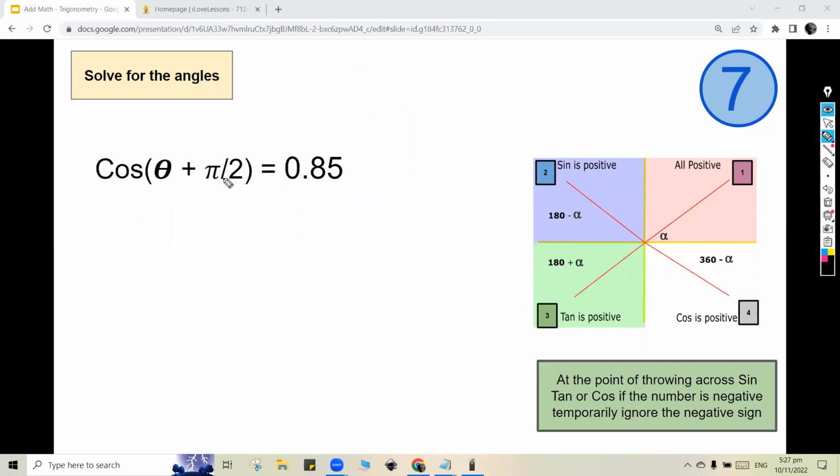Also, sine, tan, and cosine were developed for angles. So that means everything inside these brackets is really angles. Theta is an angle and pi on 2 is an angle. However, you notice they did not give you the angle in degrees.